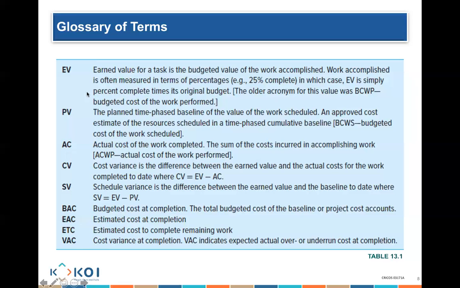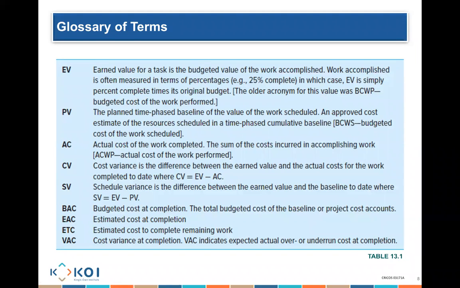So everything you do, you compare your earned value, how much I've earned, to how much I was planned to earn, which gives you what we call the schedule variance. And you compare what you've earned to how much it actually cost you, which gives you what we call the cost variance. So you need to compare, am I positive or negative in terms of the cost variance?